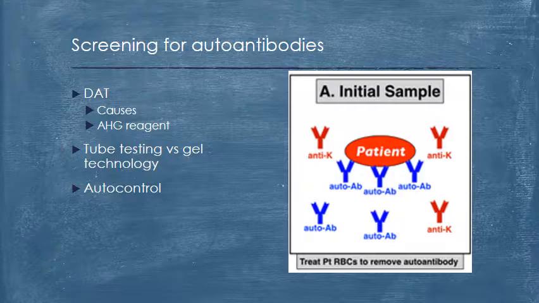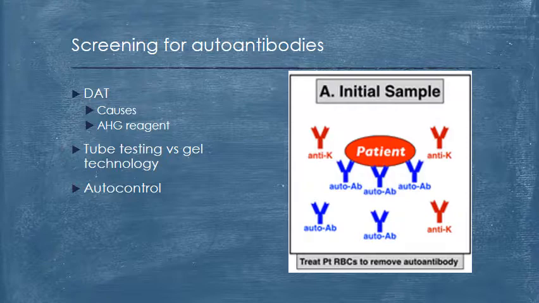Now, there is a little bit of a difference between tube testing and gel testing, the automated testing, and it's based on the sensitivity of the procedure. Normal individuals can actually have a small amount of IgG or complement on the surface of their red blood cells, and studies have shown that there can be between 5 and 90 molecules of IgG per RBC, and between 5 and 500 molecules of complement per red cell.